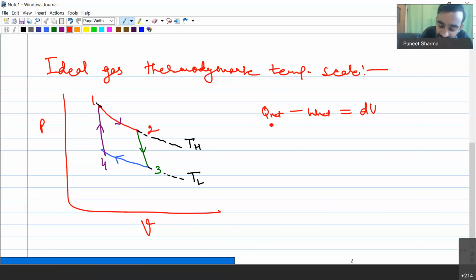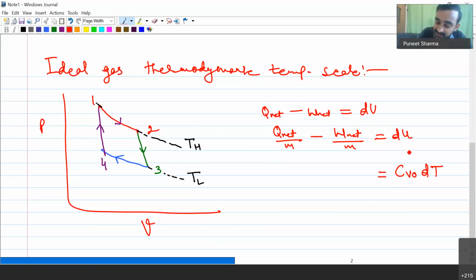If I write it on a per unit mass basis, Q net divided by m minus W net divided by m will be equal to d of small u. Now I am saying that my working medium here is an ideal gas. So in that case, this du I can write on the right hand side as Cv naught into dT.